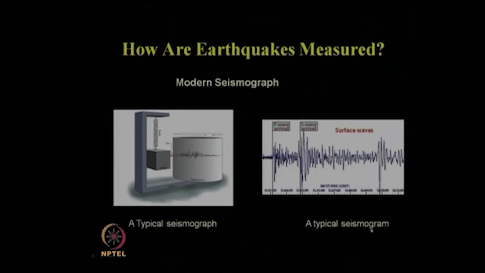And a typical seismogram looks like this. This is the P wave arrival time, then this is the S wave arrival time. You can see there is a time gap or time lag between these two arrival times of the P wave and S wave, because of their difference in velocities, and the remaining are surface waves. So, this is the time scale, as you can see, a particular date etc.